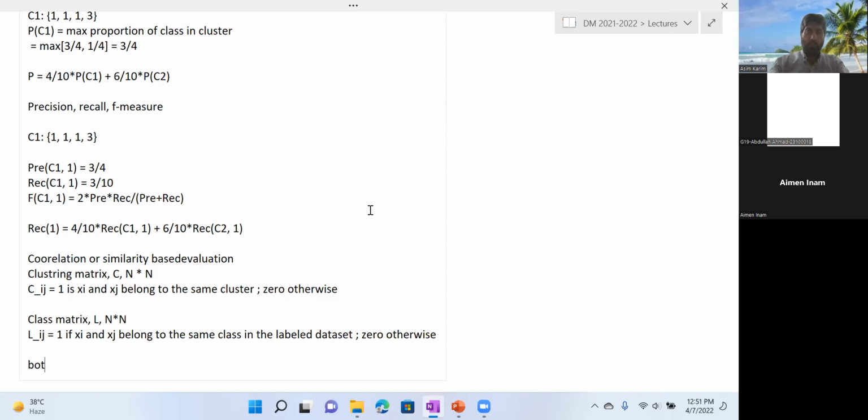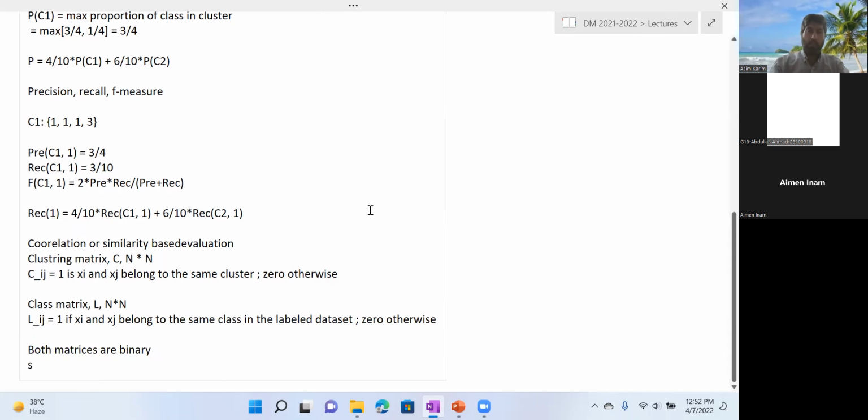So both matrices are binary, so more appropriately, we will be using some similarity measure that is appropriate for binary data sets, like, for example, the simple matching coefficient or the Jaccard coefficient.